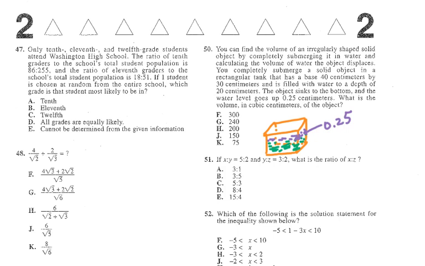So we want to figure out the volume of that object. Basically, we need to figure out the volume when the water level goes up by 0.25. That will be the volume of the object.